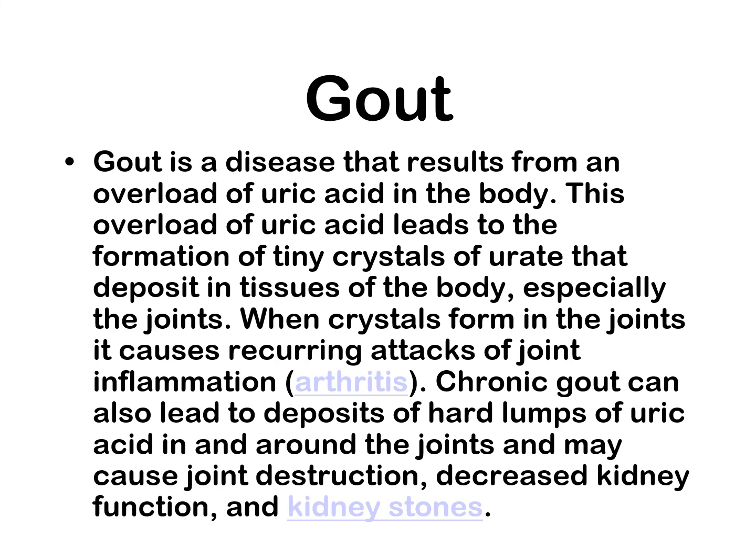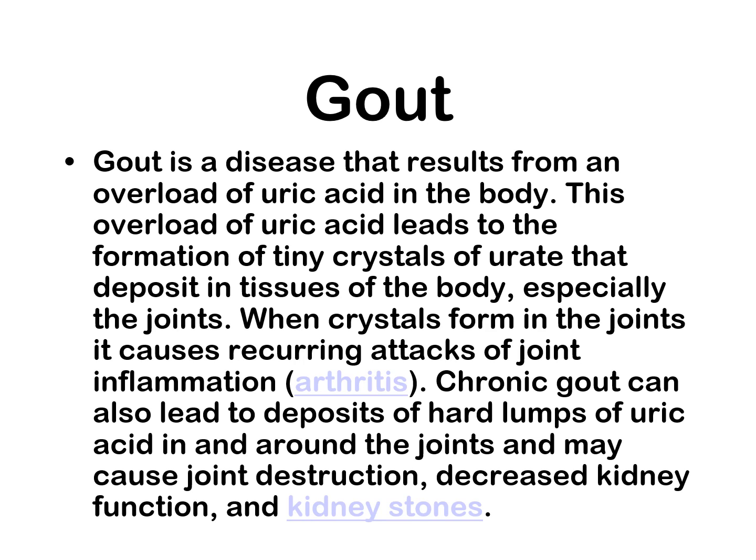Now we are in gout. Gout is a disease that results from an overload of uric acid in the body. This overload of uric acid leads to formation of tiny crystals of urates that deposit in tissues of the body, especially joints.